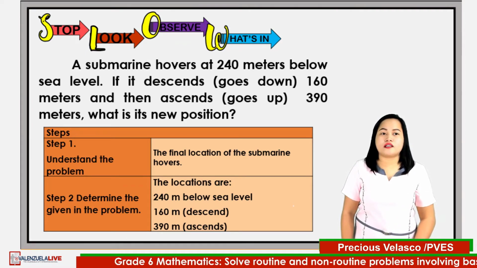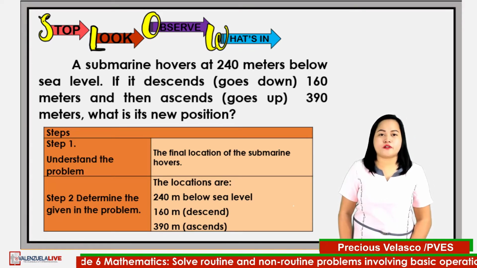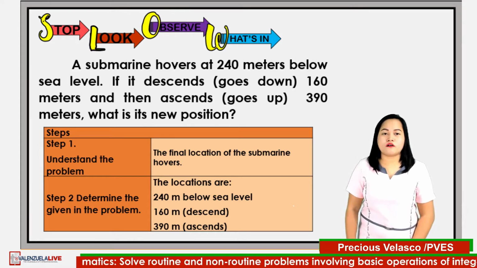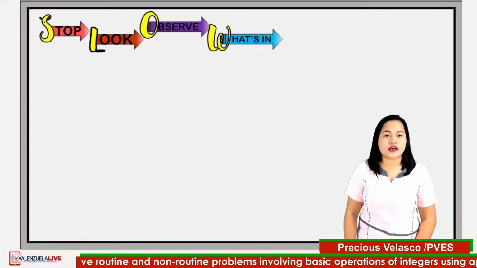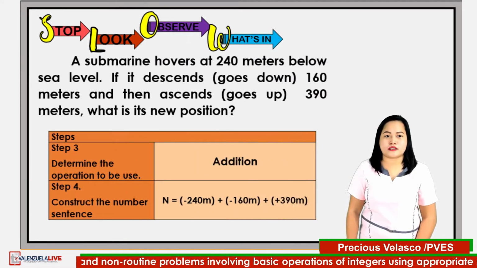So those are the locations of our submarine. Next, after we know the questions and the given, we are going to proceed with the third one, which is the operation to be used and formulating or constructing your number sentence.